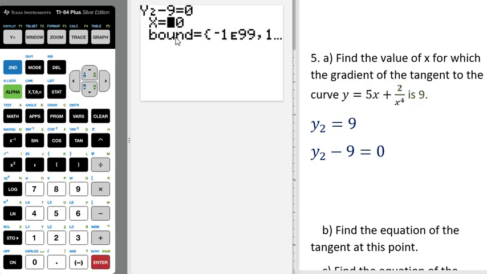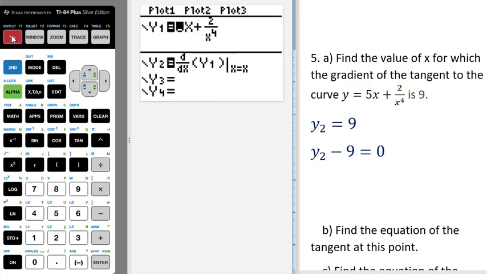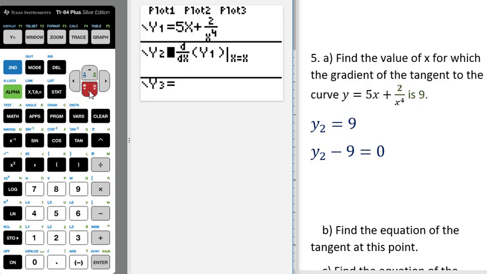Since this is not a linear function, not a quadratic function, how do you get the estimated value? We go back to the graph to check. First of all, I don't want to draw y1, so you put enter here, clear this equal sign, then the calculator won't graph this for you.